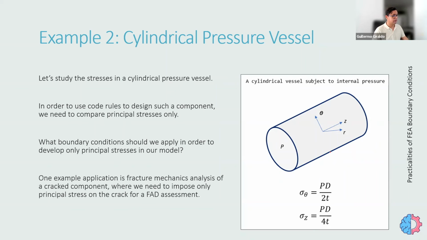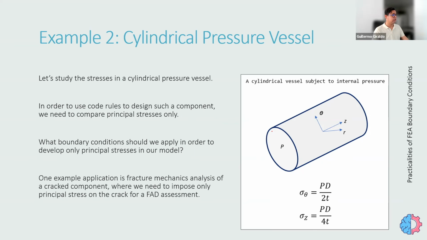Because as the fluid is contained, the pressure makes it try to grow actually, and then the resistance to this growth is what creates this axial stress, and they are computed analytically. And if we want to use an FEA model to compute such stresses and compare, say, to the code, then we need to be prepared for these things to happen.